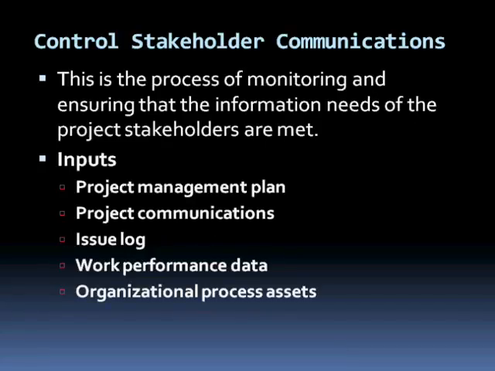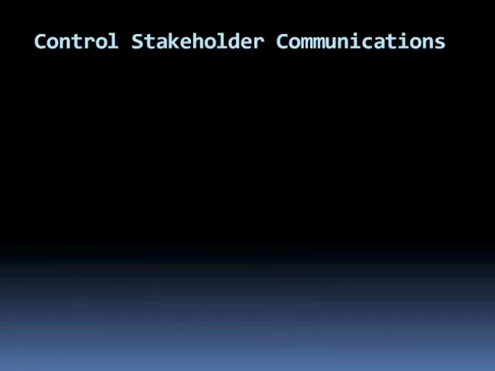Inputs will include a project management plan, which is the overall guide to the project communications, which are the information that you are sending to the stakeholders, the issue logs, which lists all issues that arise during the course of the project, work performance data, those are the raw performance information you collect from the field as the work is ongoing, and organizational process assets.